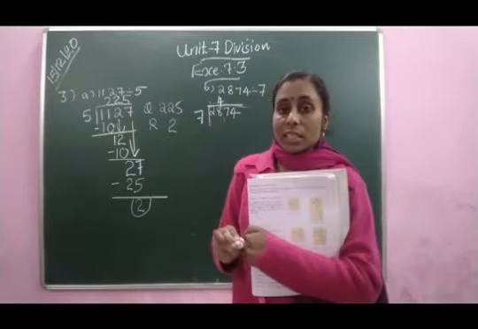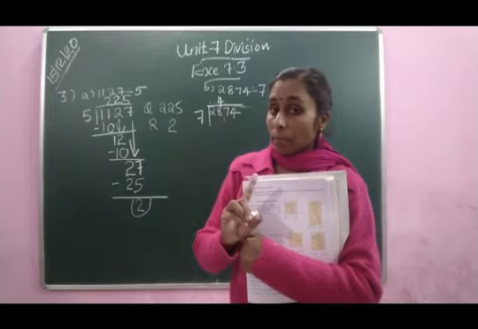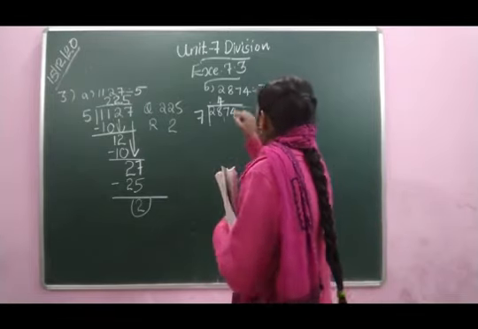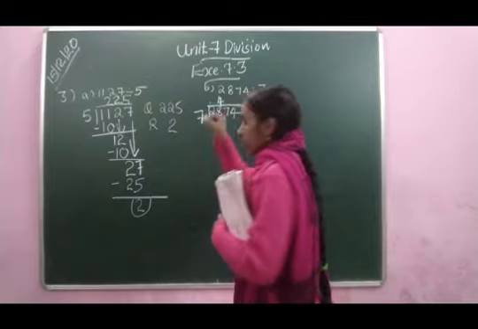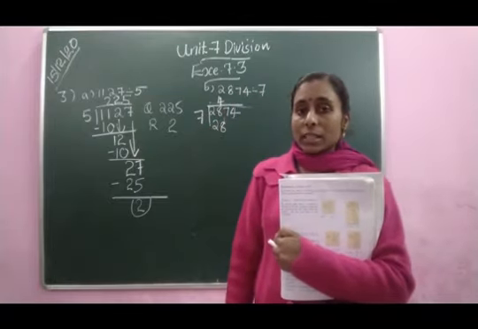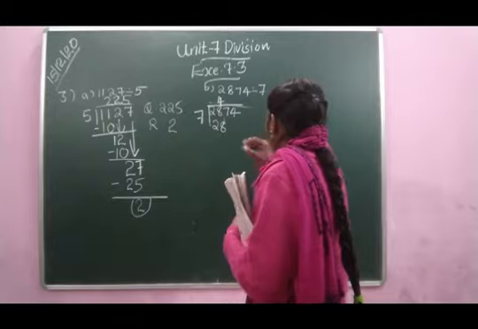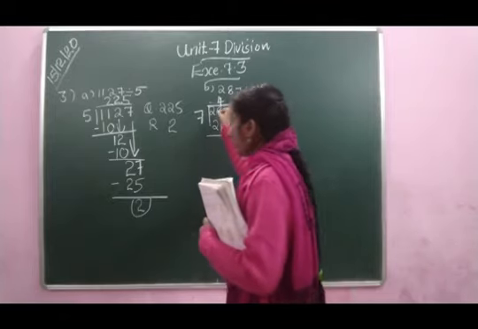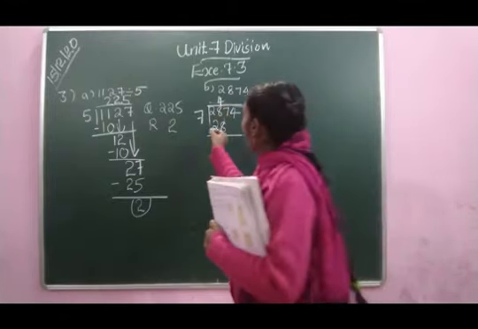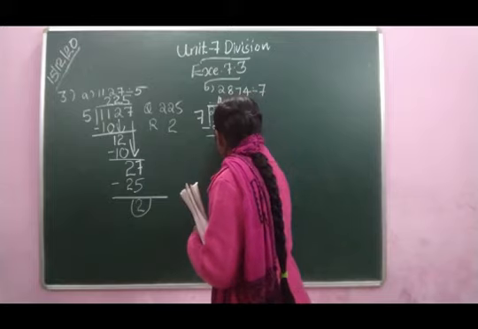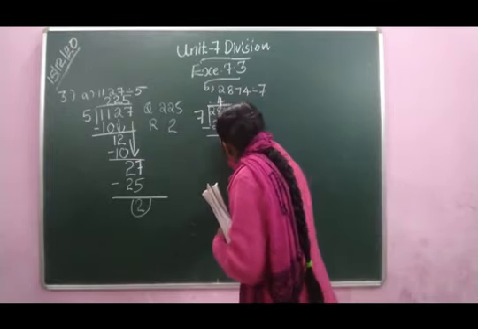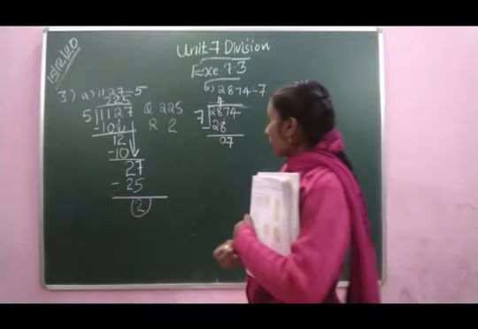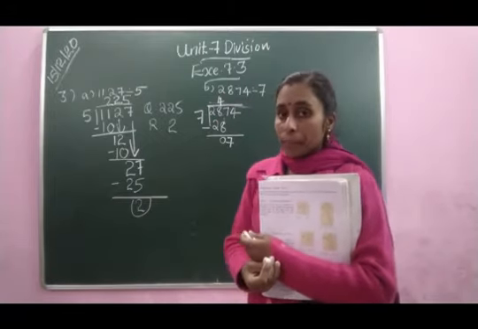Okay. Then, what is the next step? Multiplication: 7 4s are 28. Then, what is the next one? 28 minus 28, that is subtraction. We will get 0. Next, 7 should come down. Now here it is 7.